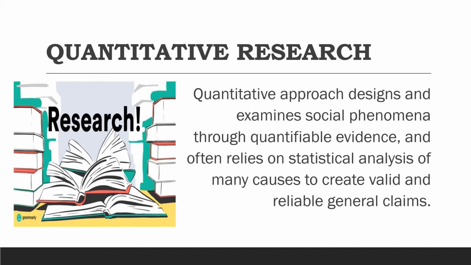And we often use statistical analysis or statistical data through these numbers. We process them through statistics. You had your statistics and probability for the past semesters, I hope so. And after processing this data, we can now have a reliable general claim.